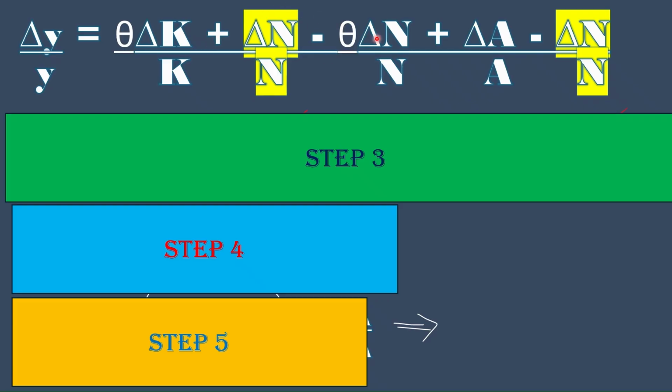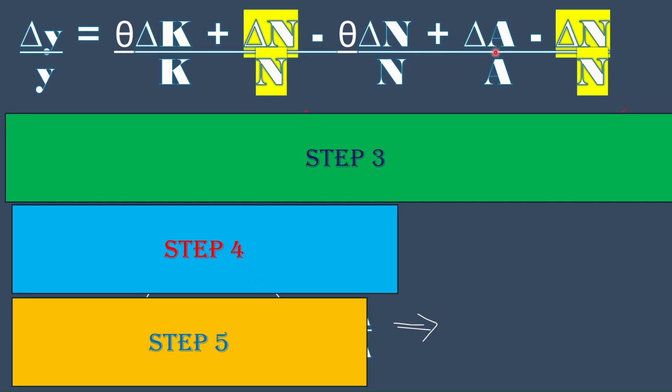So we took the change in n divided by n times 1, which gave us the exact same thing, the change in n divided by n, minus the change in n divided by n times theta, and that's how we have theta times the change in n divided by n, and just on its own the change in n divided by n.